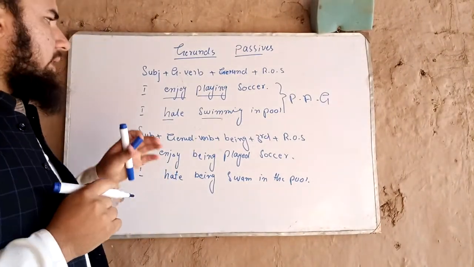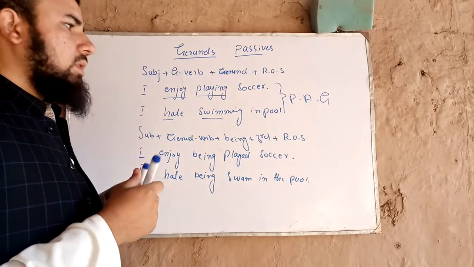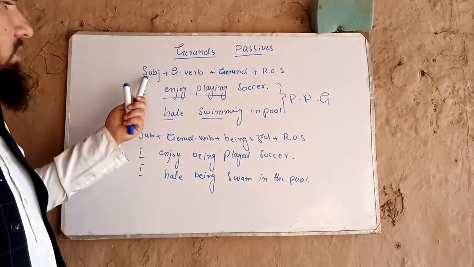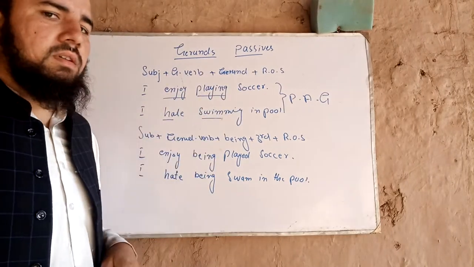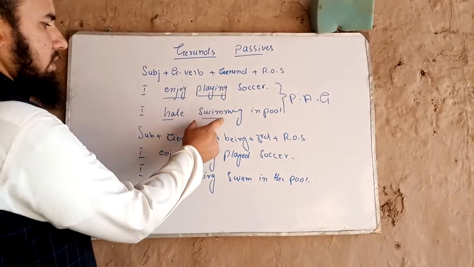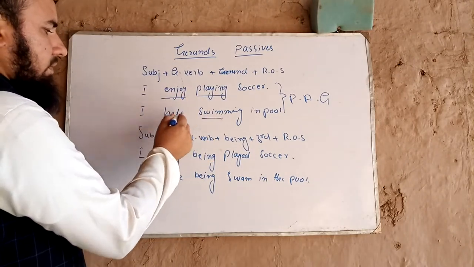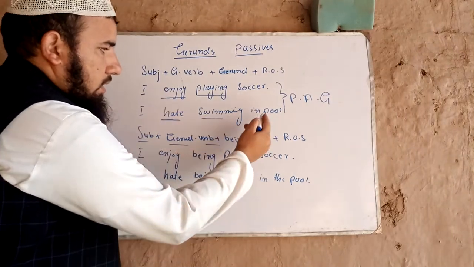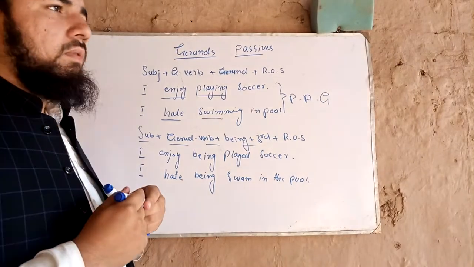So I'll repeat again that gerund passives are those passives which we use mainly with gerunds. Like for example, this is a structure: subject, gerund verb plus gerund and rest of the sentence. If we have these kinds of sentences in your exam, how will we change them?